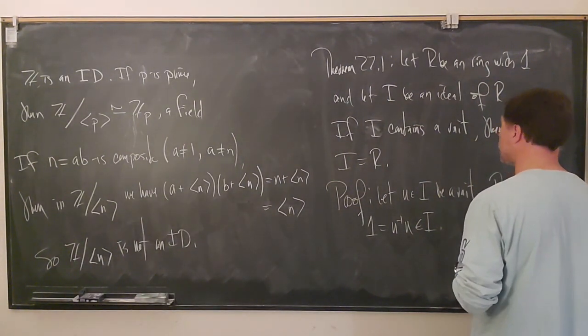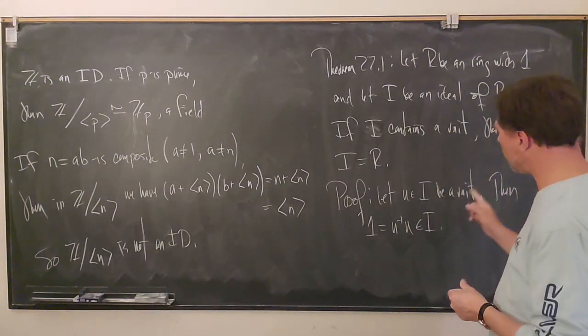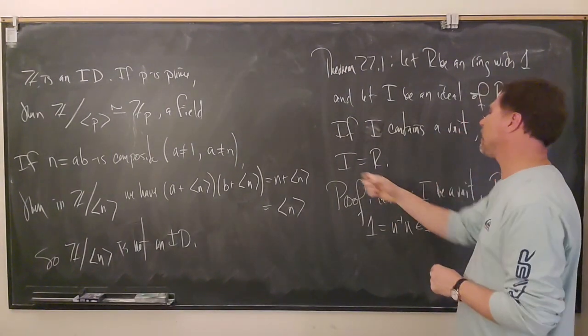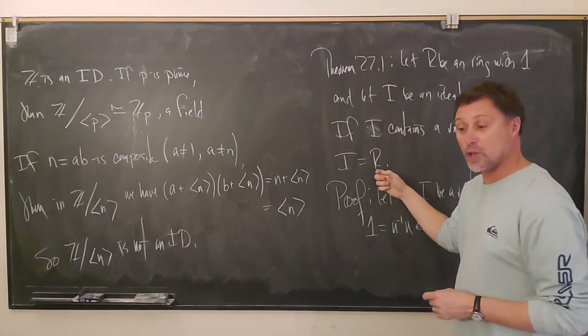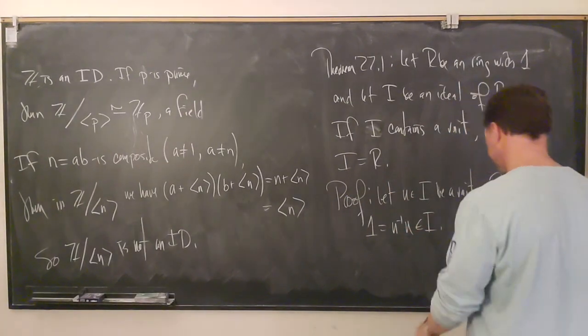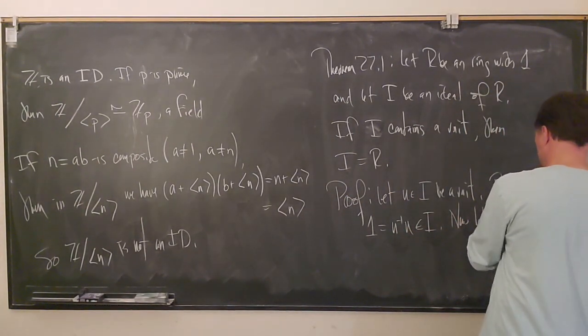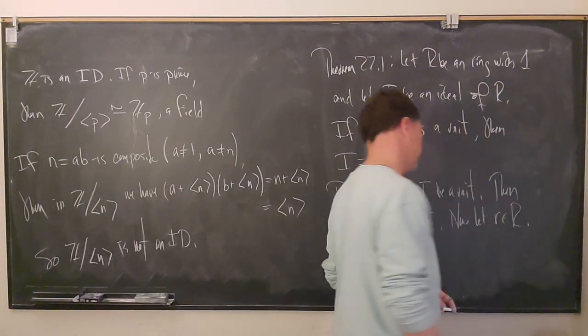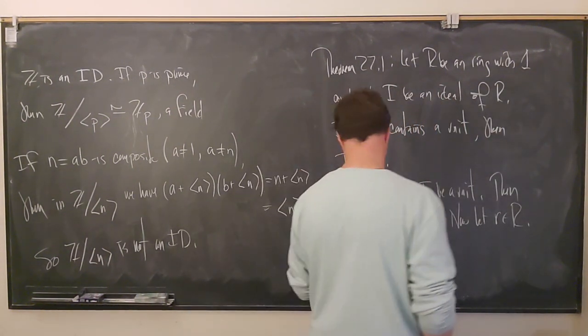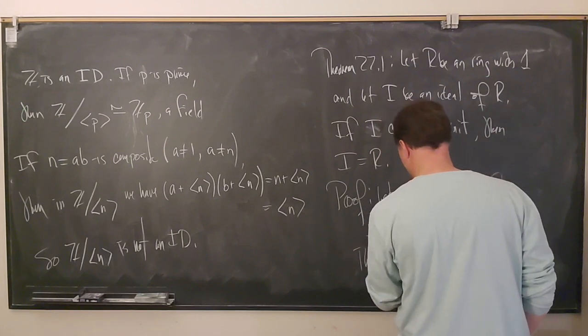Okay, so notice what I'm trying to do. I already know that I is a subset of R. I just need to show that R is a subset of I. So let little r be an element of capital R. Then r is equal to r times 1.